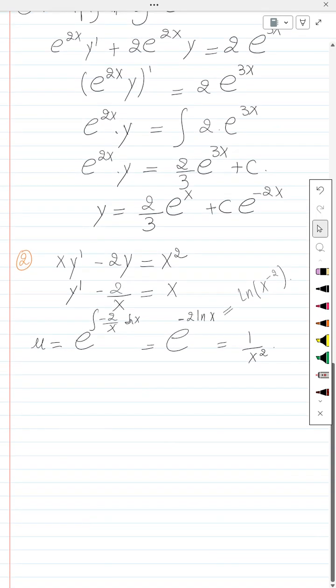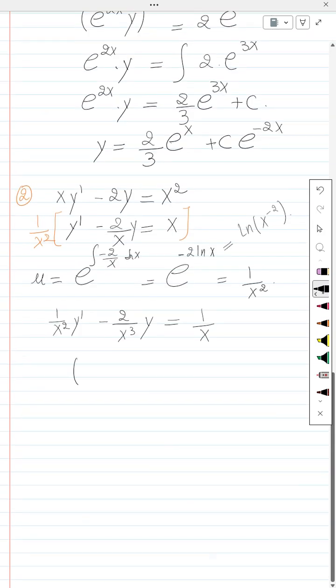So we need to multiply this equation by 1 over x squared. Let's see what we are going to obtain. We're going to obtain 1 over x squared y prime minus 2 over x to the power of 3 y is going to be equal to 1 over x.